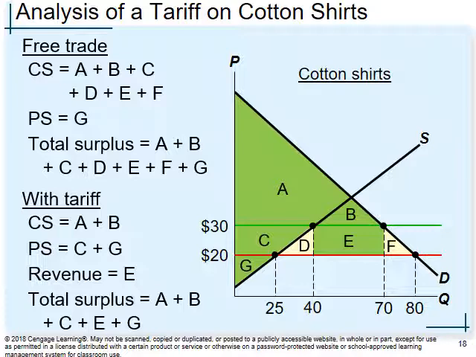D is from the producer side because they are producing extra units, although their costs are much higher than at the international level. And F is the loss to the consumers because they wanted to buy 80 units, for example, but now because of the tariff, their demand is reduced to 70.